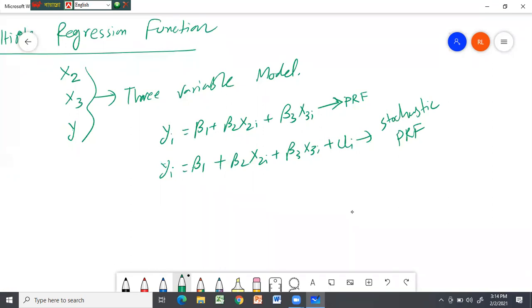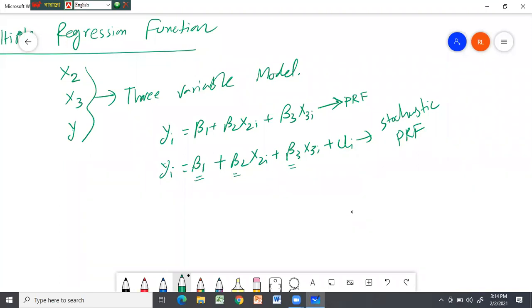As we know, we are not dealing with the population, with all observations of the population; we are only dealing with a sample. So we will estimate the parameters of this population regression function, beta 1, beta 2, and beta 3, using a sample.